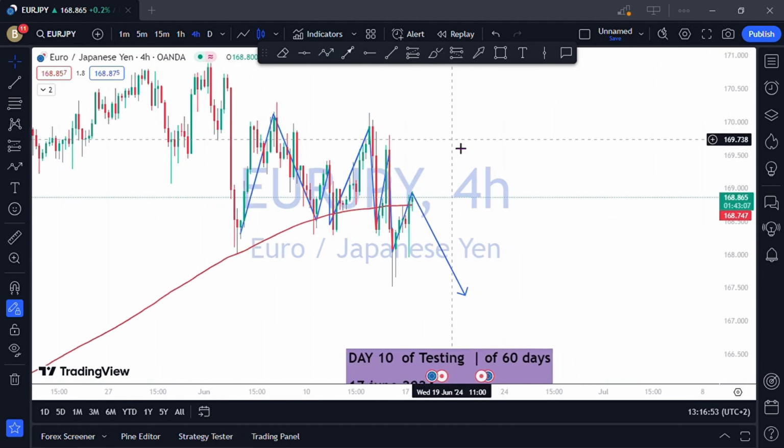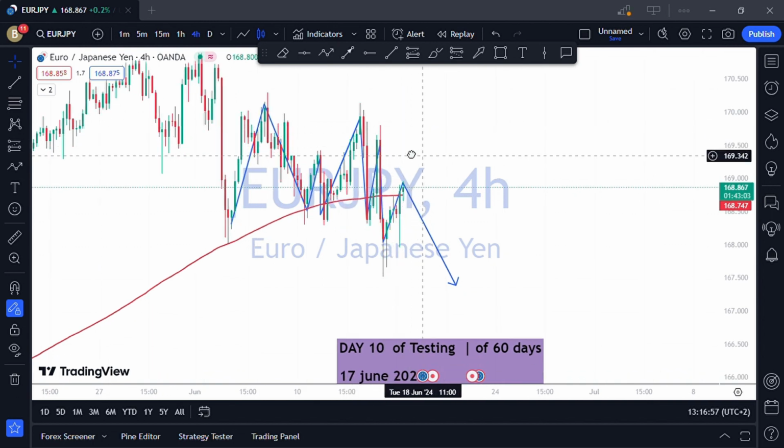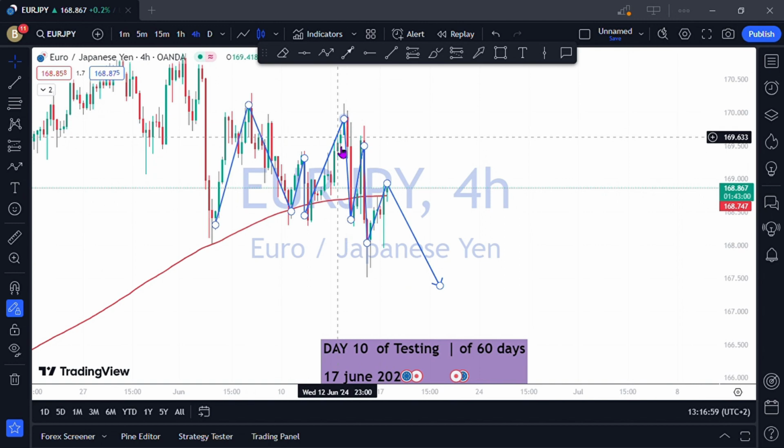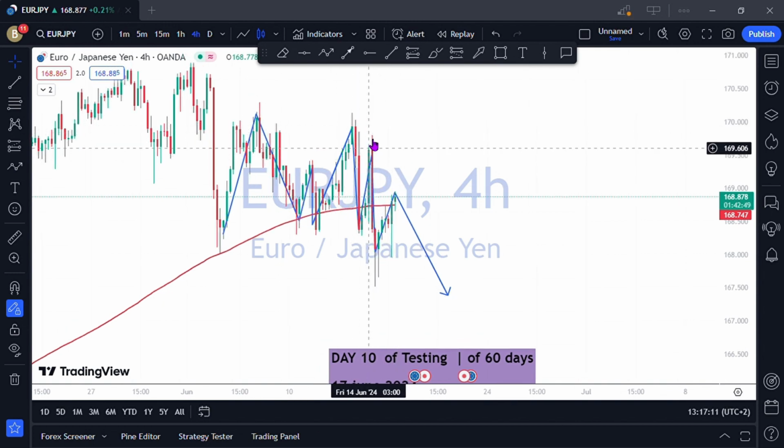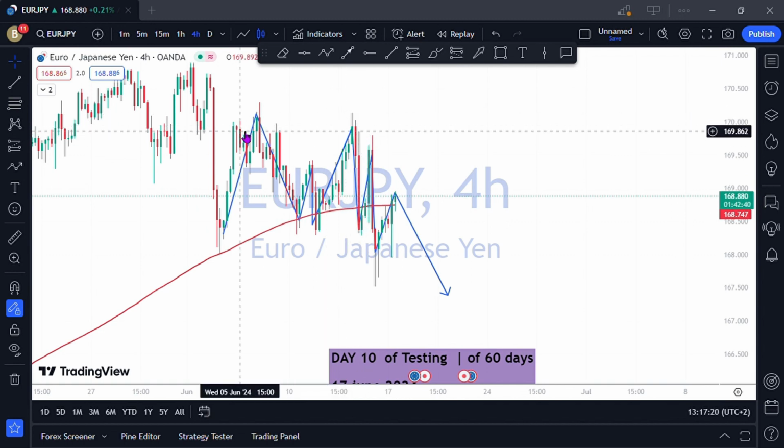The reason why I say so, here on the 4 hour, is that as long as this high has not been broken, and price tried to retrace into this area and did not break this level, this level right here has not been broken.